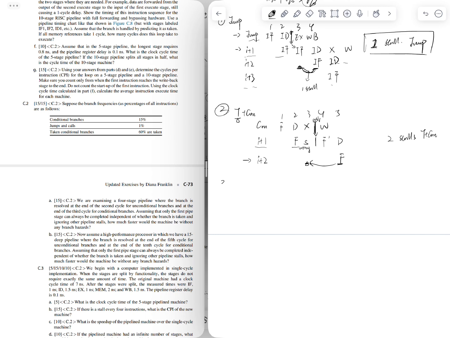And let's go with the third, the not taken conditional branches. Still a conditional, with fetch, decode, execute, and write back, 1 2 3 4, and we wait until the third cycle to get the address.